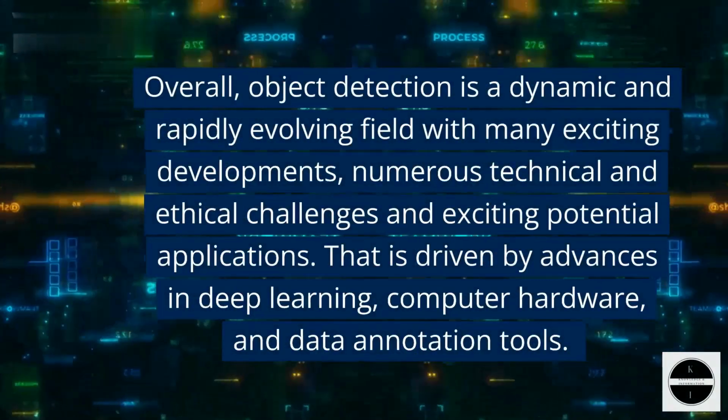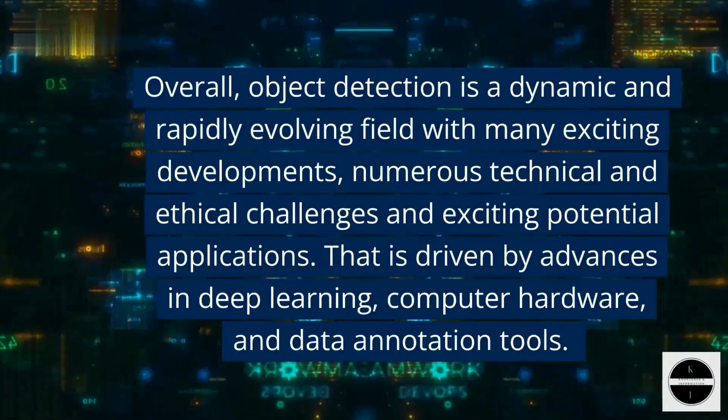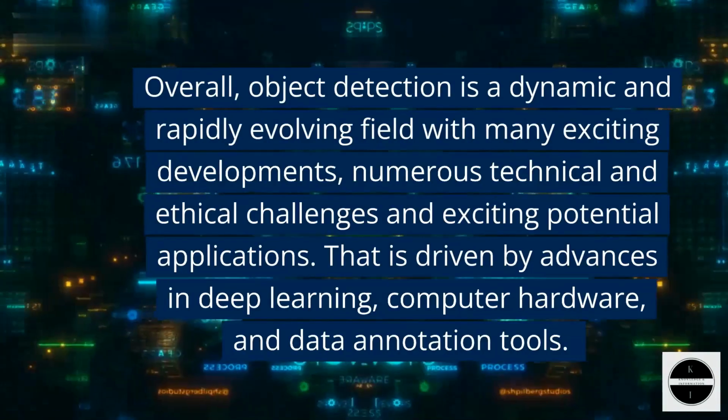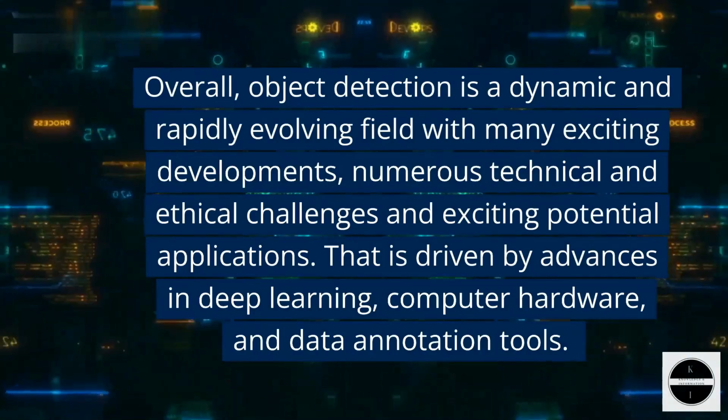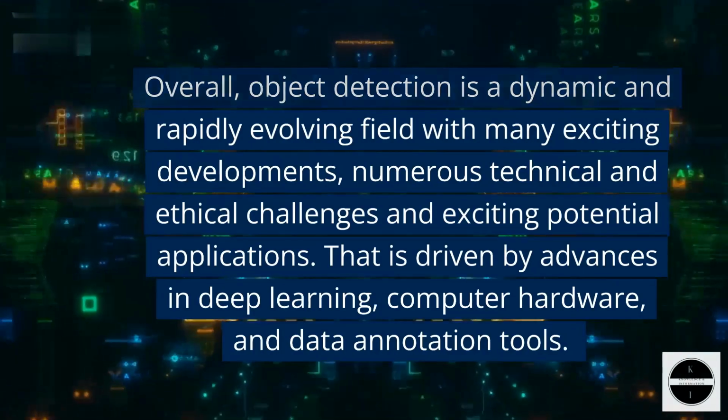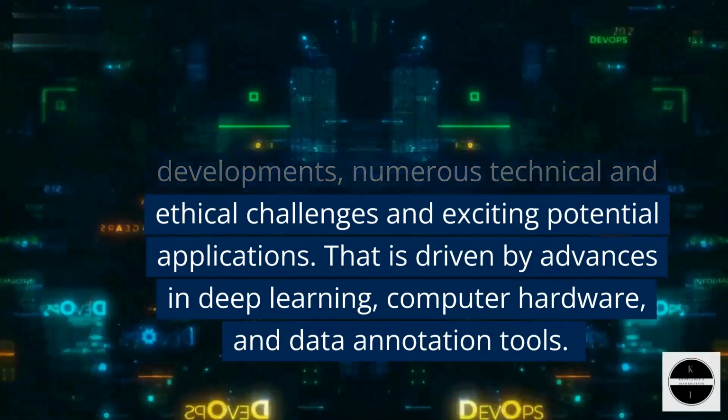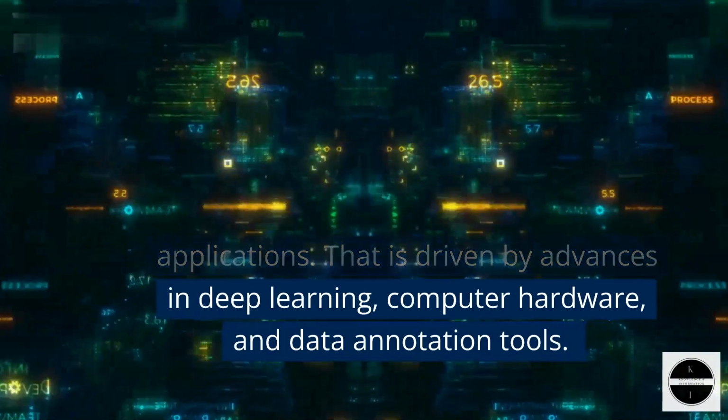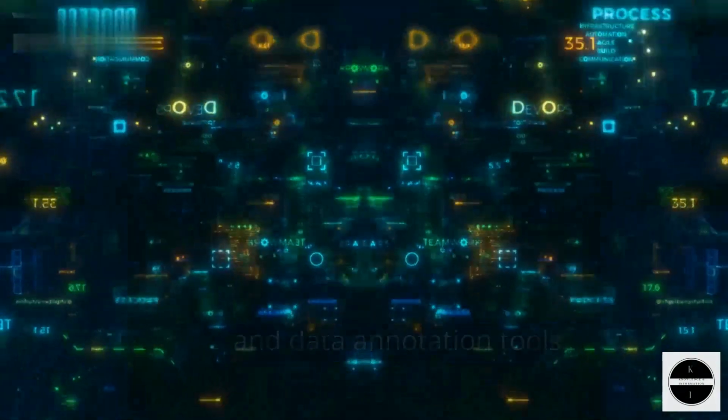Overall, object detection is a dynamic and rapidly evolving field with many exciting developments, numerous technical and ethical challenges, and exciting potential applications. That is driven by advances in deep learning, computer hardware, and data annotation tools.